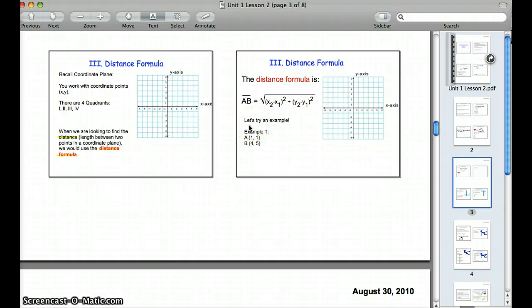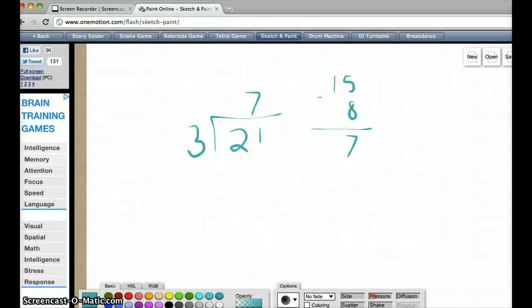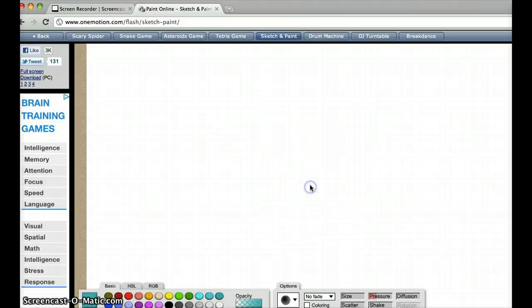So let's go ahead and let's draw out our formula.